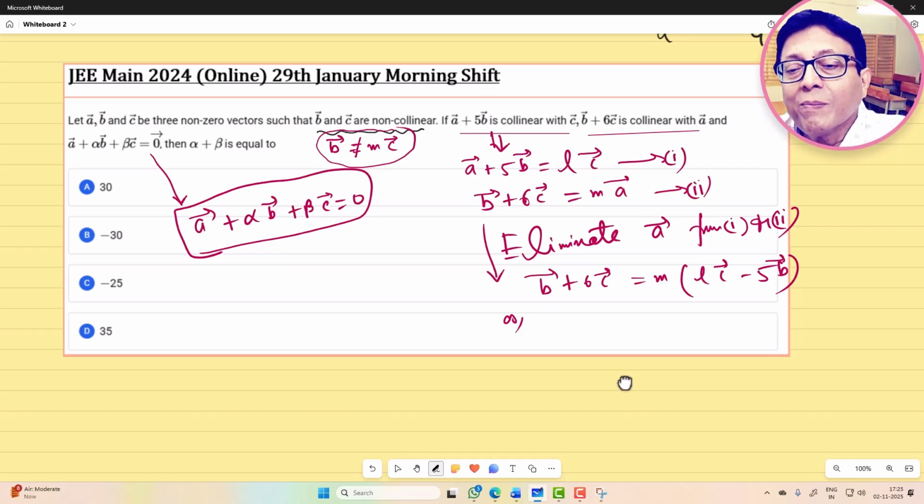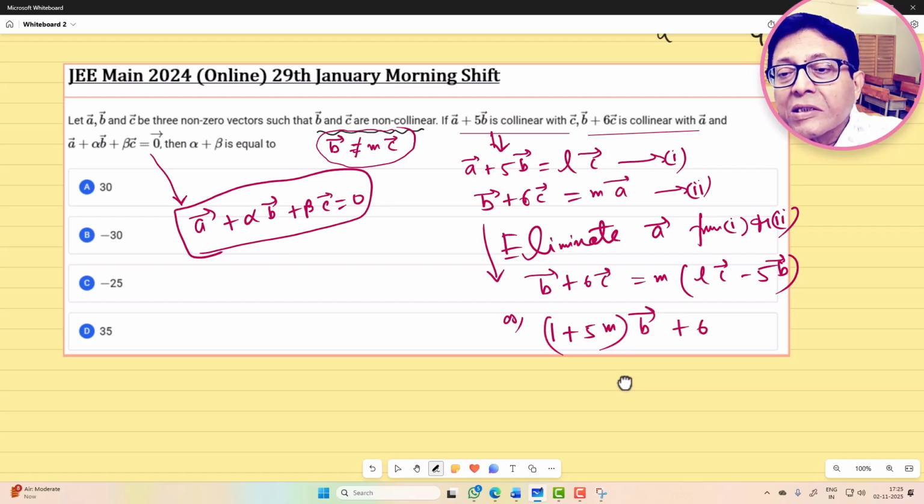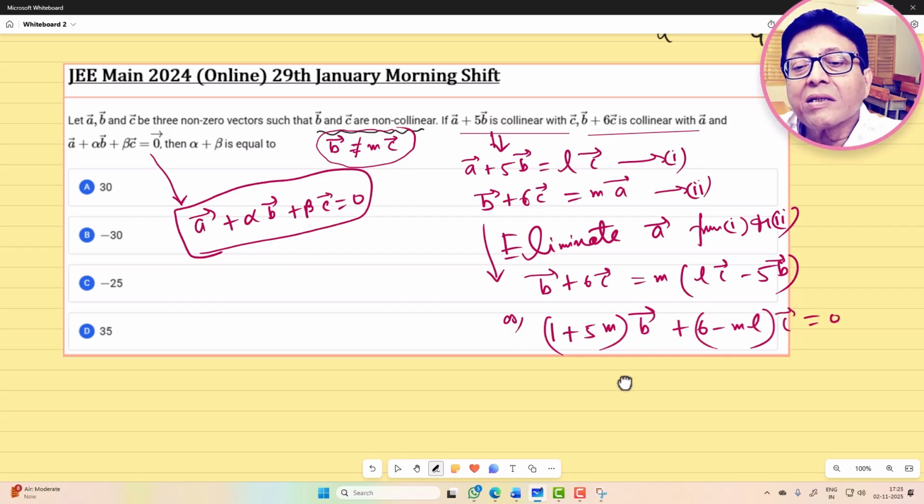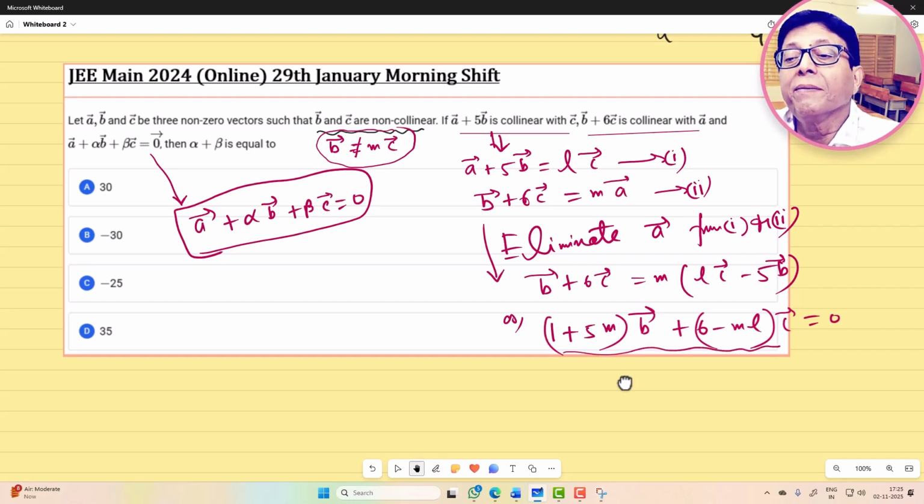Now let us take all B's together. 1 plus 5M into B, 6 minus ML into C equal to 0. Now B and C are non-collinear, so this relation cannot exist, but we got it from the given condition.